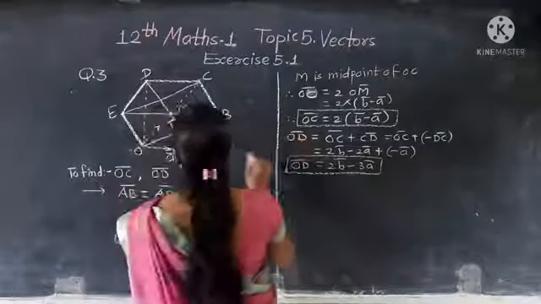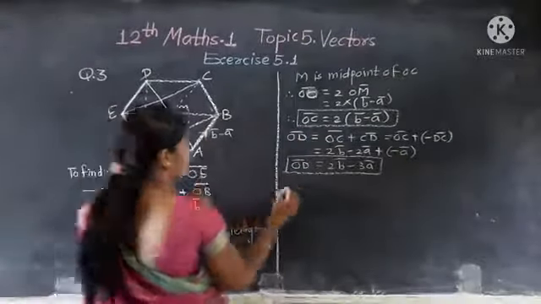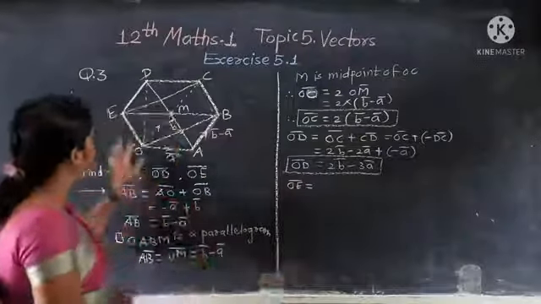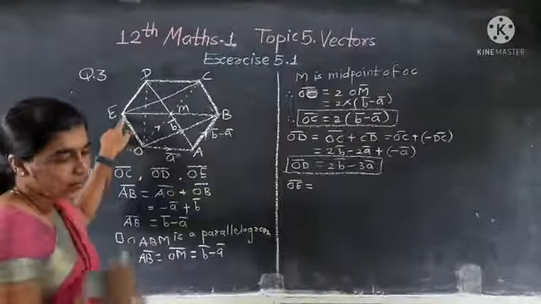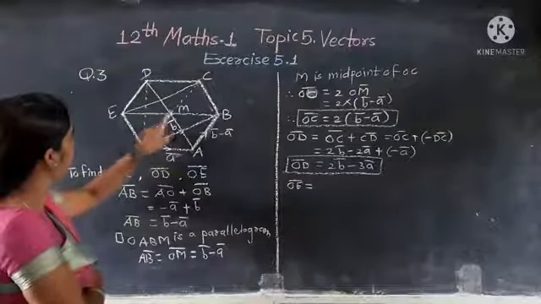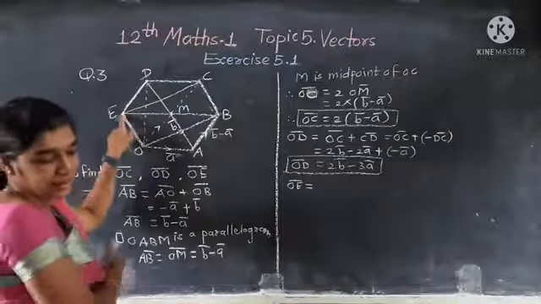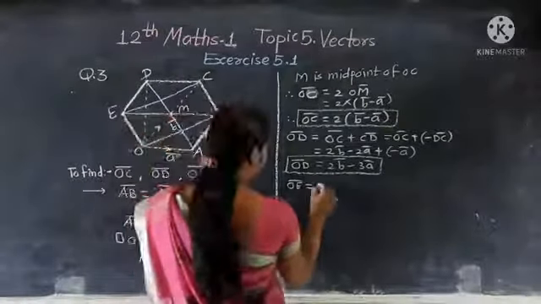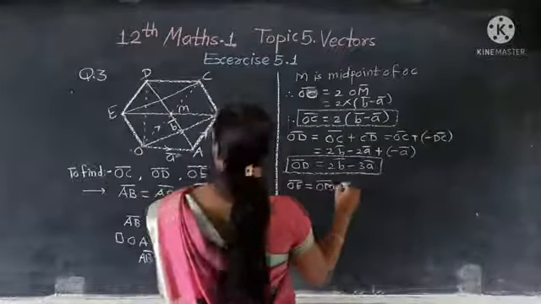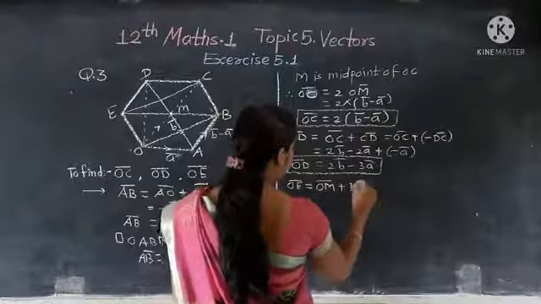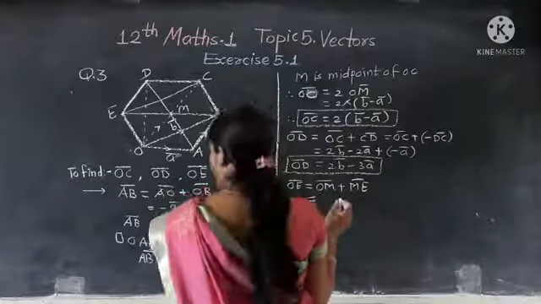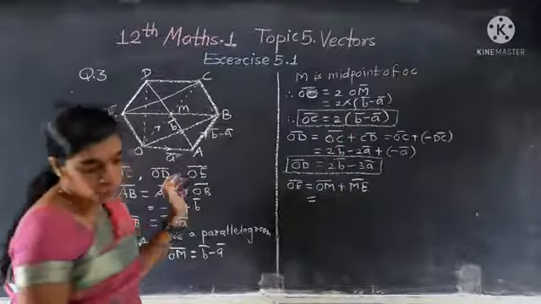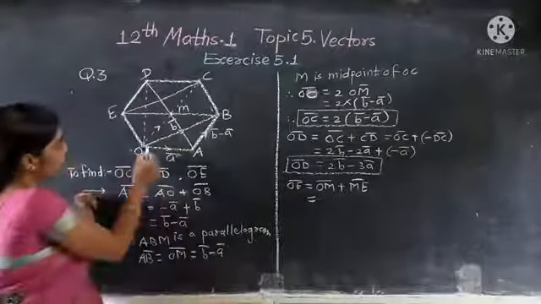And lastly we find OE bar. How to find OE bar? See, OE bar is equal to OM bar plus ME bar. OM bar we have calculated. What is the value of OM bar?